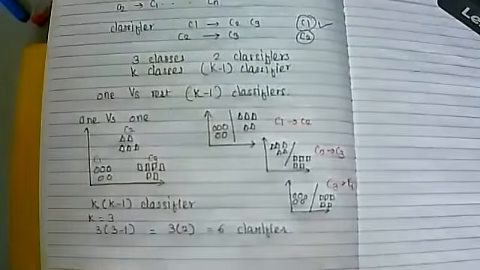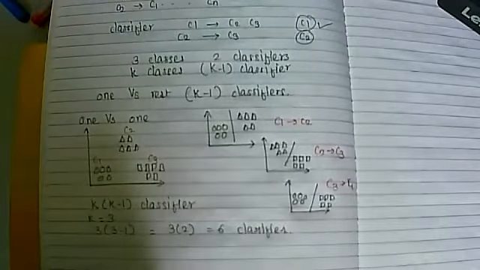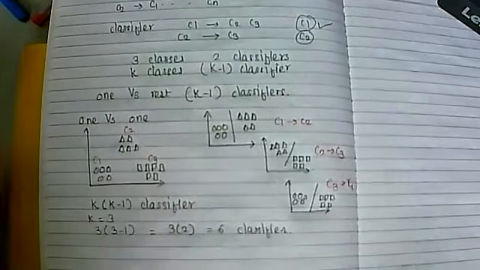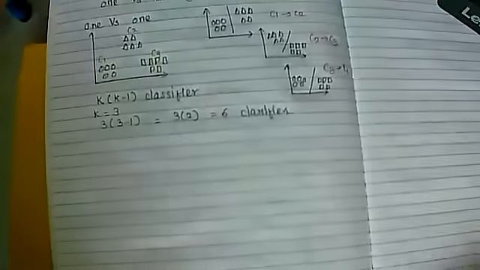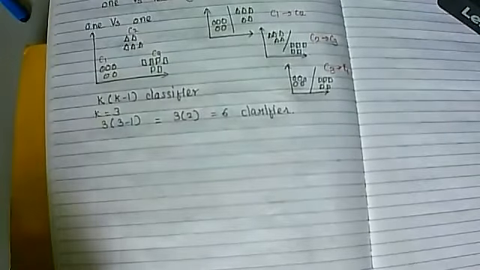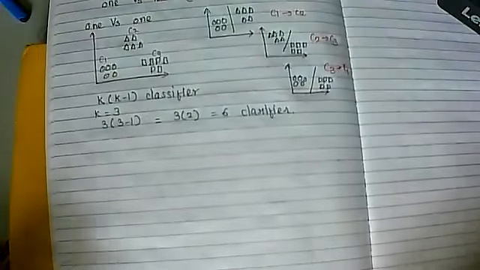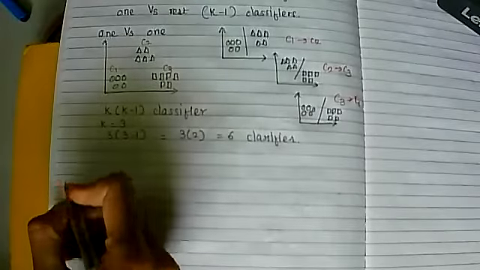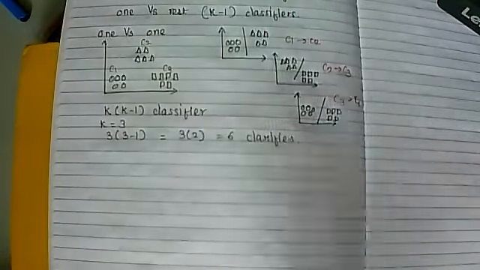Okay. Now to find out the result class of a particular class, what is the measure? To measure 1 versus 1 and 1 versus rest, there is a concept called the output code matrix.